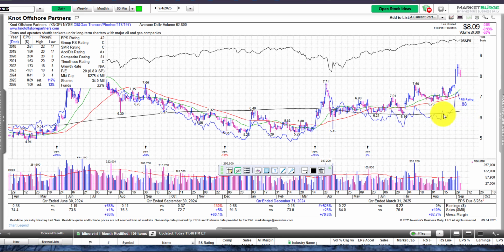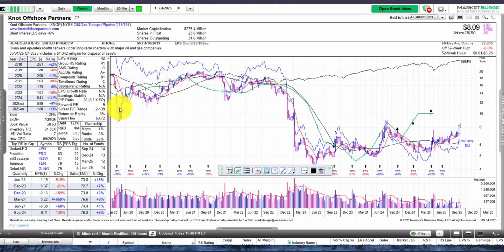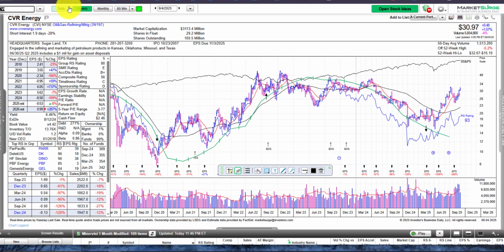From 6 to 8 in short order. A little bit messy. Explosive breakout needs to come back down. Tends to pop and drop here. Not terribly thrilled. Like I said, I'm being really picky. I just want to find one or two to add to my list.